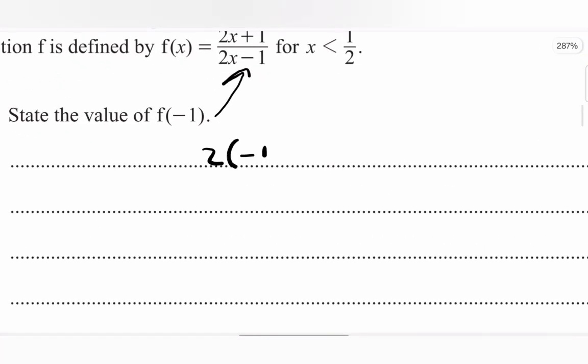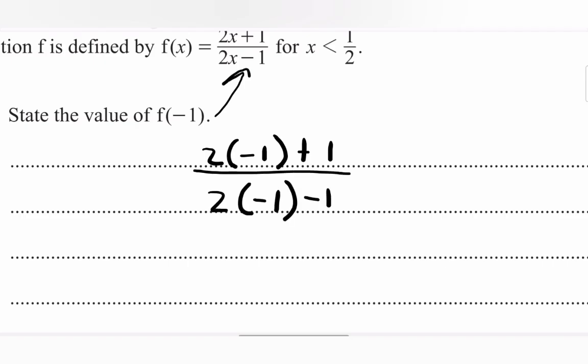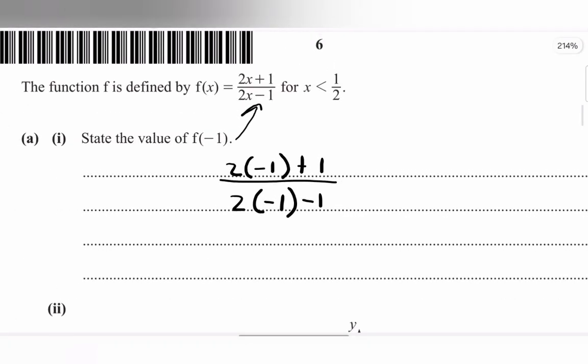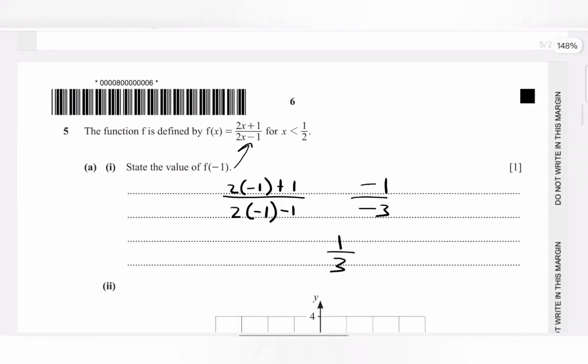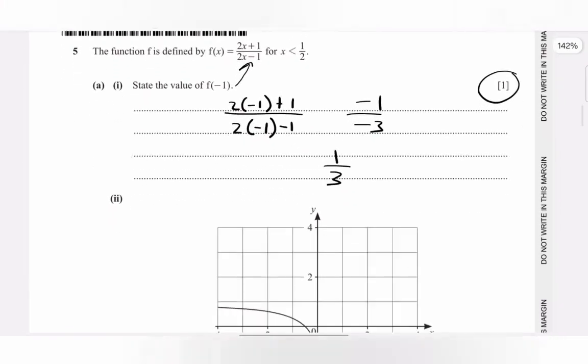So it's 2 times minus 1 plus 1 over 2 times minus 1 minus 1. So minus 2 plus 1, that's minus 1. The minus 2 minus 1, that's minus 3. So we get a third as our answer for 1 mark.